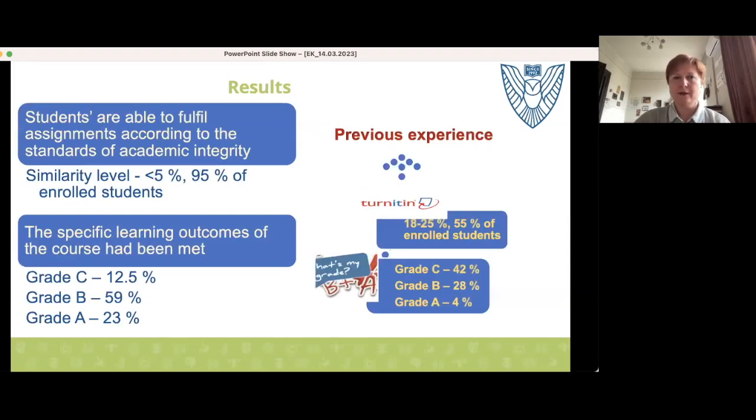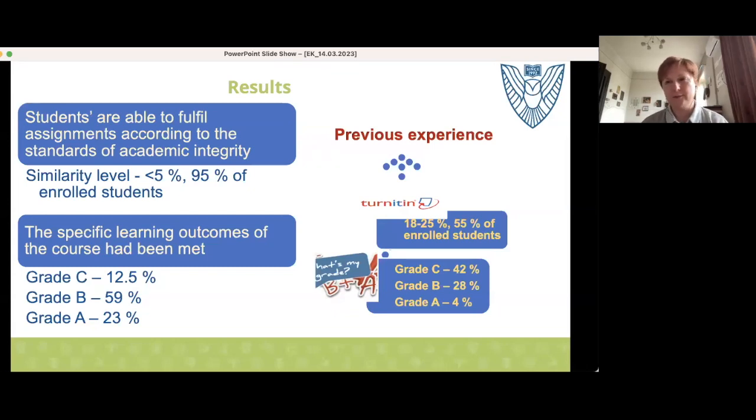In practice, students were able to complete these assignments according to the requested standards and deadlines. The similarity level checked by Turnitin was less than 5%, which is practically nothing when talking about medical data, where terminology matches. And this was not just a single case: 95% of all submitted case reports were in line with this.